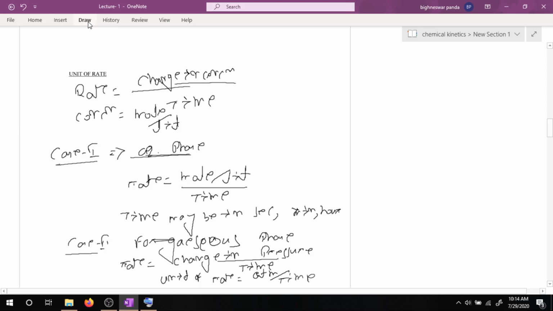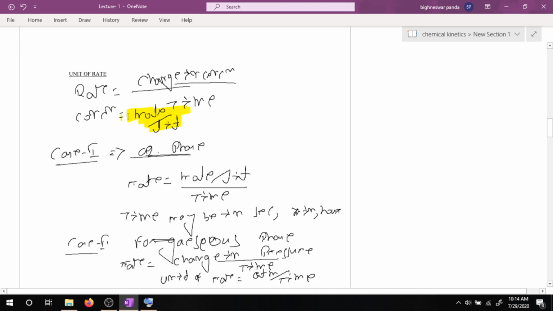So the unit of rate: the unit of concentration is mole per liter, so the unit of rate is mole per liter per time, and time is second inverse, minute inverse or hour inverse, or simply I can write molarity second inverse.